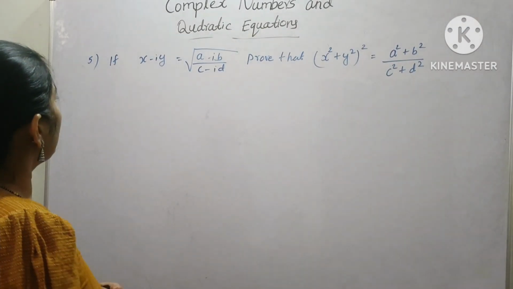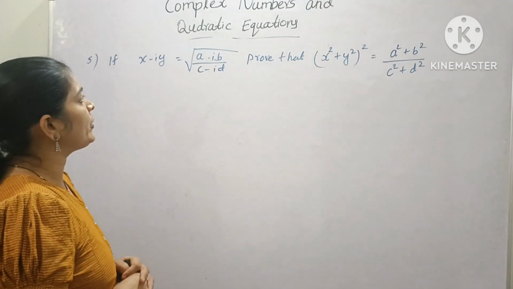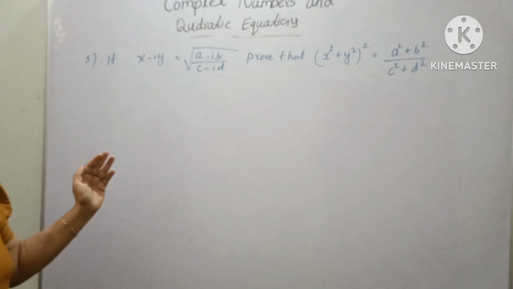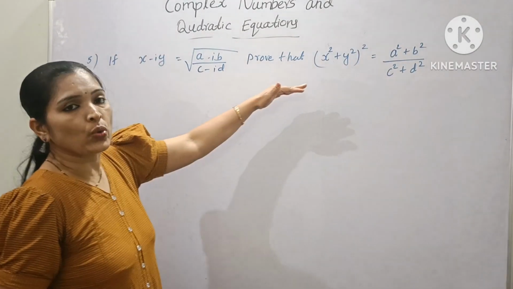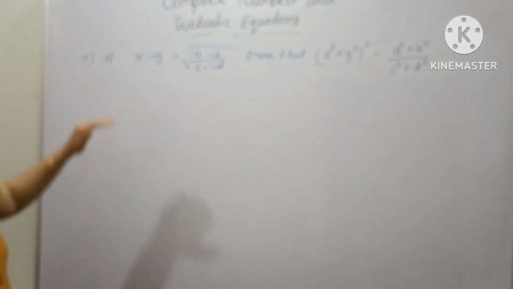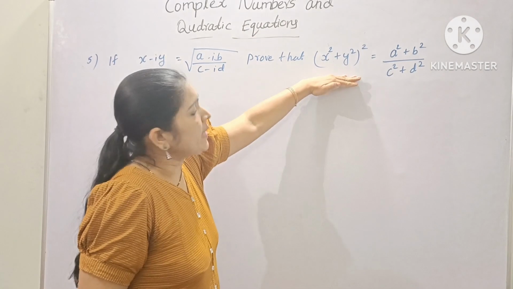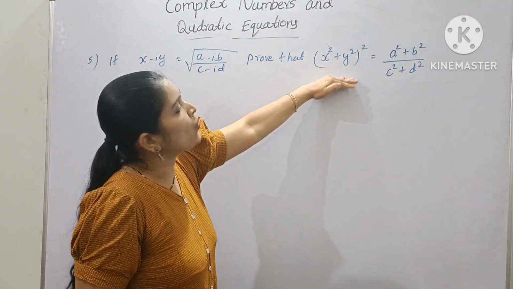Next question. If x − iy is equal to the square root of (a − ib) divided by (c − id), prove that (x² + y²)² is equal to (a² + b²) divided by (c² + d²). See here, it's x minus iy. Here, LHS is x² + y².